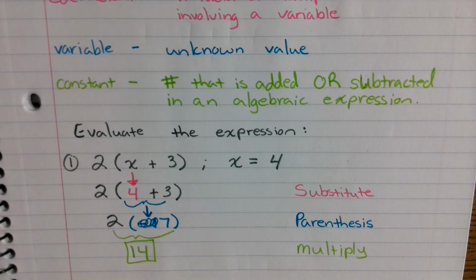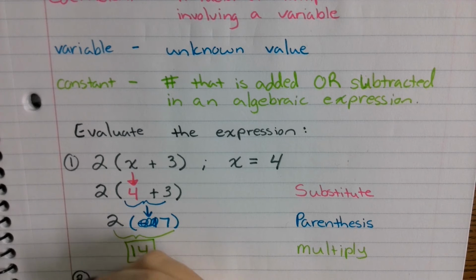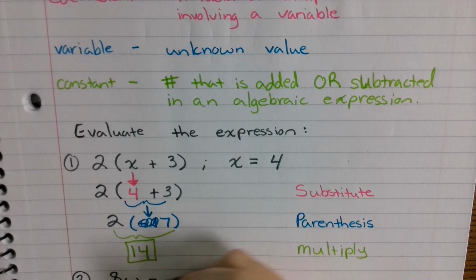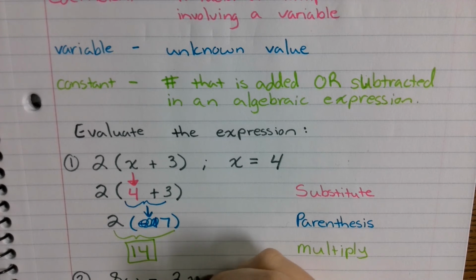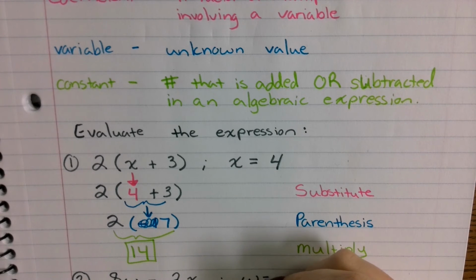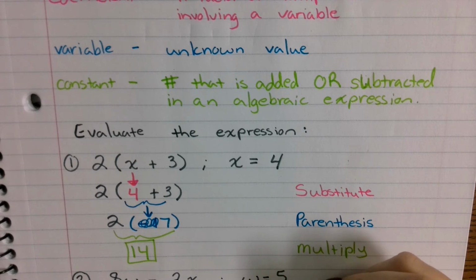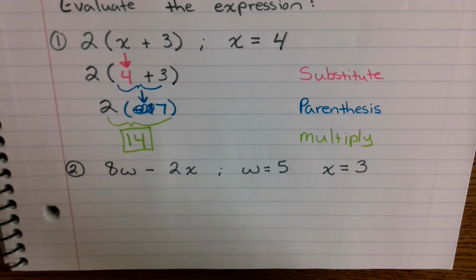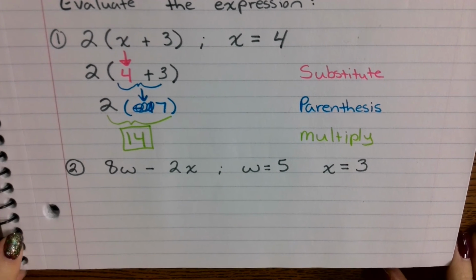Let's try another one. 8w minus 2x. W is going to be equal to 5. X is going to be equal to 3. 8w minus 2x.